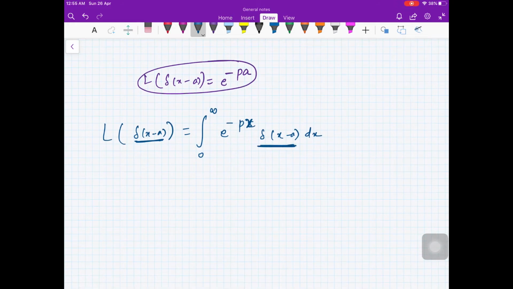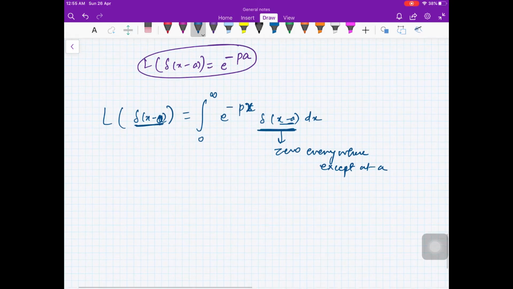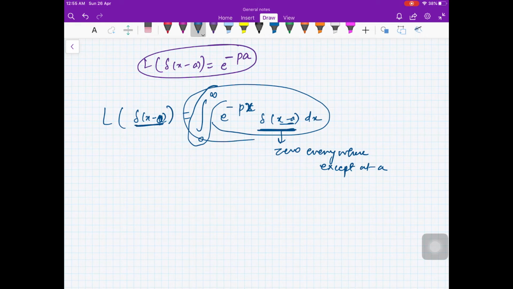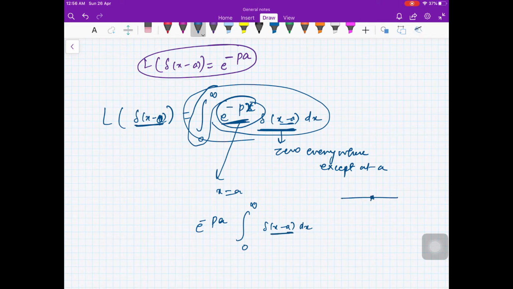Now you see this function is 0 everywhere except at the point a. So when you take the integral, you will get 0 everywhere except at x equal to a, where the value of e raised to power minus px is e raised to power minus pa. This comes out of the integral, and then you have the integral from 0 to infinity of delta of x minus a dx.